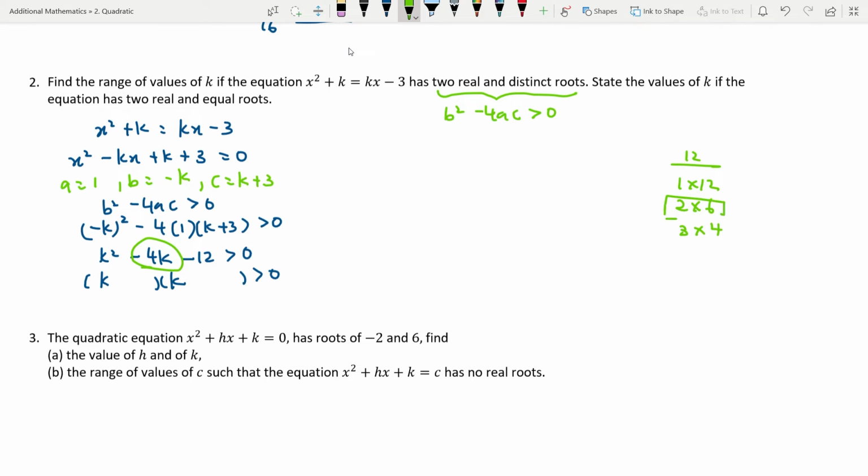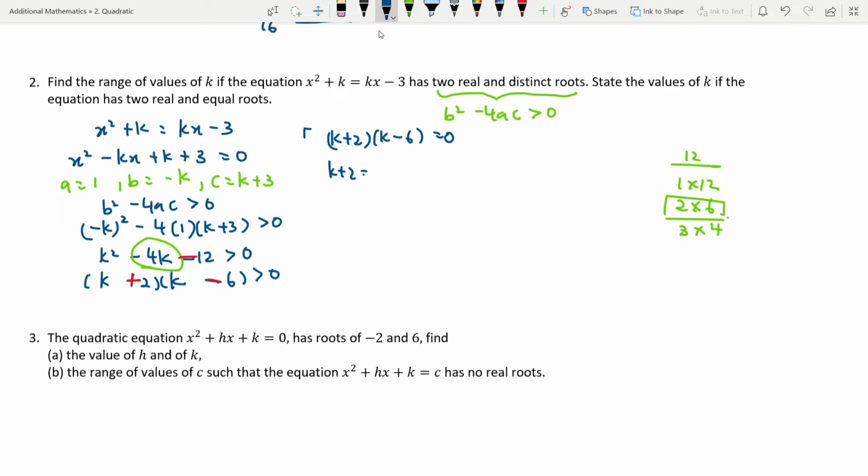This combination will give us a 4. So 2 and 6. In order to get negative 4k, we minus 6k plus 2k. And we check plus and minus, we will obtain a minus here. Then we solve for the quadratic equation, k plus 2, k minus 6 equal to 0.